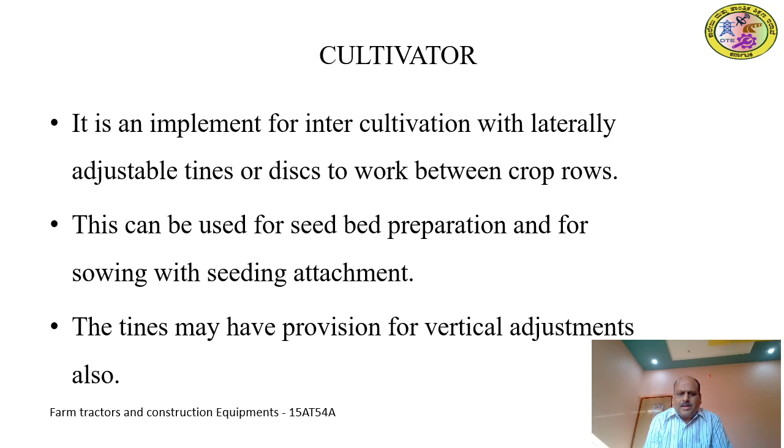I think you have studied this in the first unit, Unit 1. To avoid damaging the crop, we have to adjust the wheel track. So the wheels should run in between the rows.